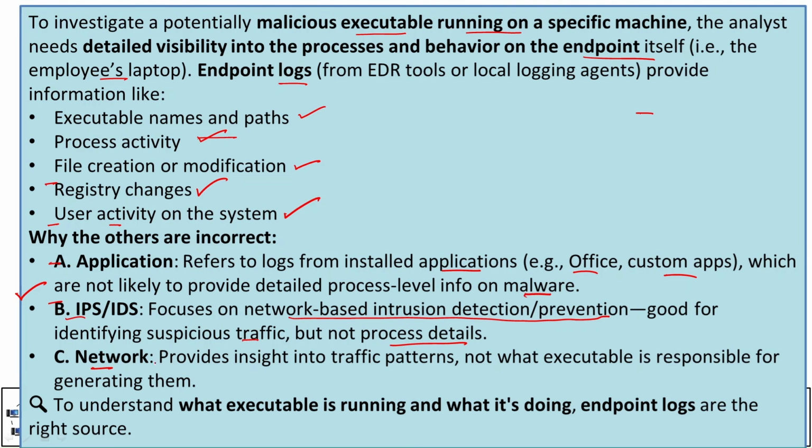And option C, network provides insight into traffic patterns, not what executable is responsible for generating them. To understand what executable is running and what it's doing, endpoint logs are the right source.